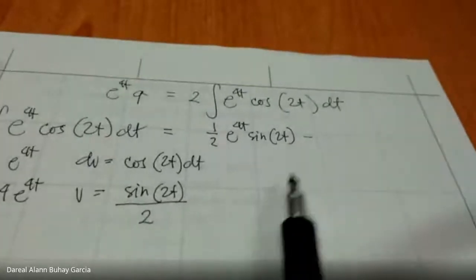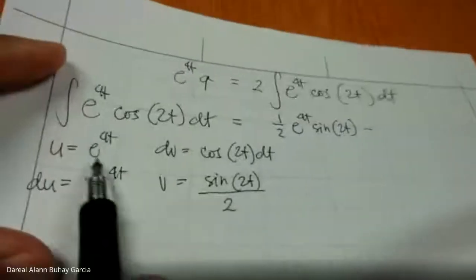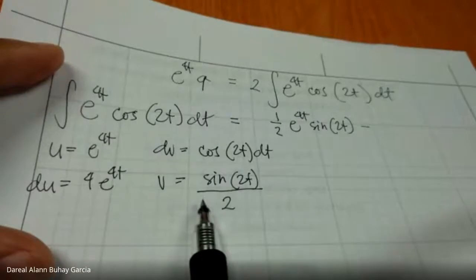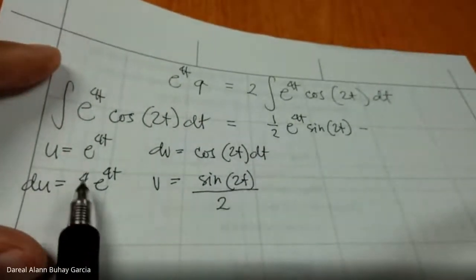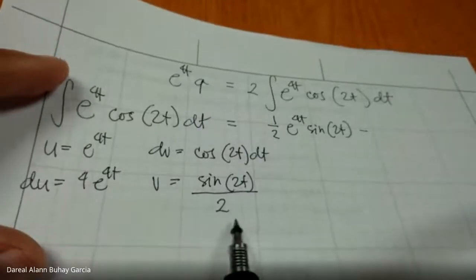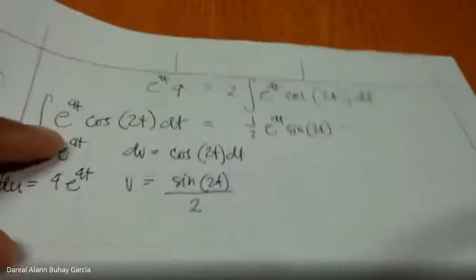So, uv minus integral of v du. Integral of 4 divided by 2 is 2. Integral of e^40 sine 2t.